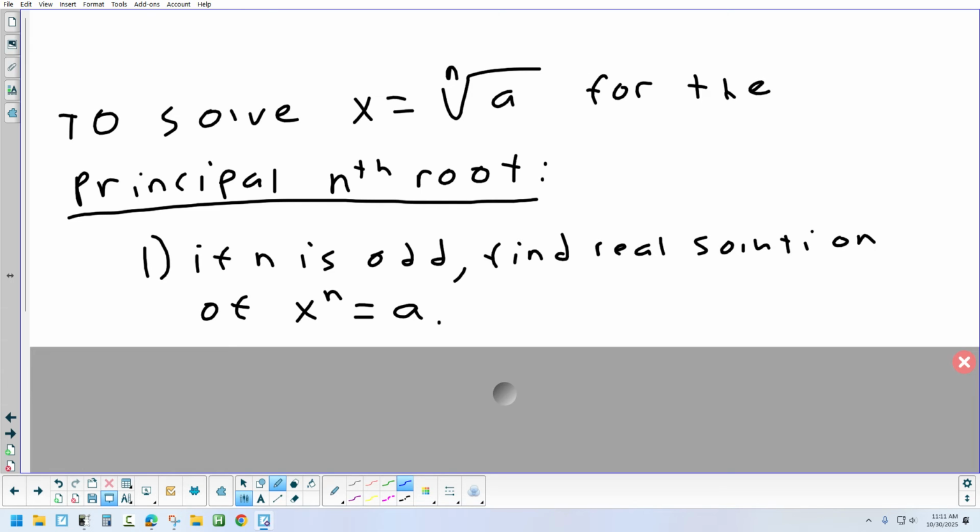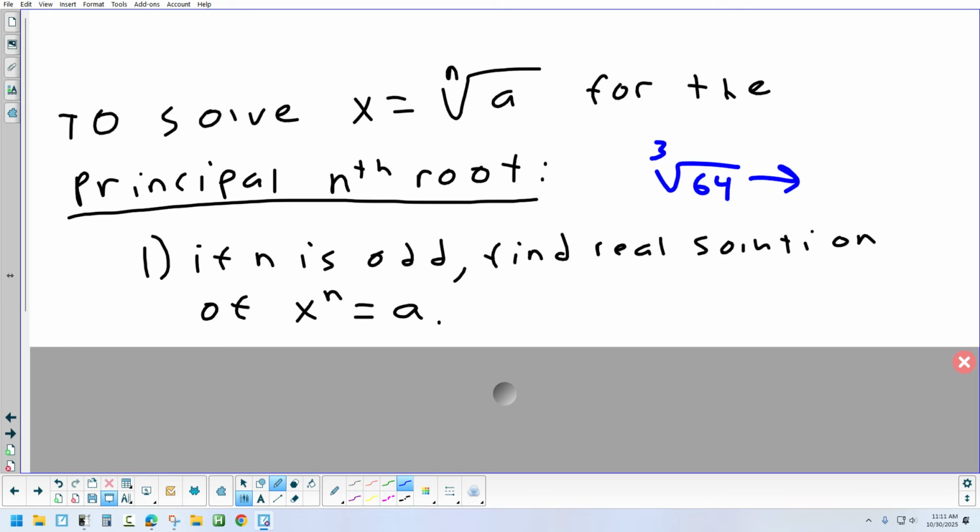And then we're going to break that up into two cases, whether we're dealing with an odd root or an even root. So if I asked you to find the cube root of 64, and somebody said, I don't know what that means, I don't understand what it means to find a cube root.